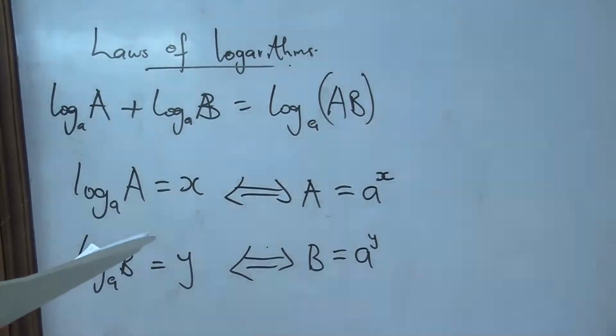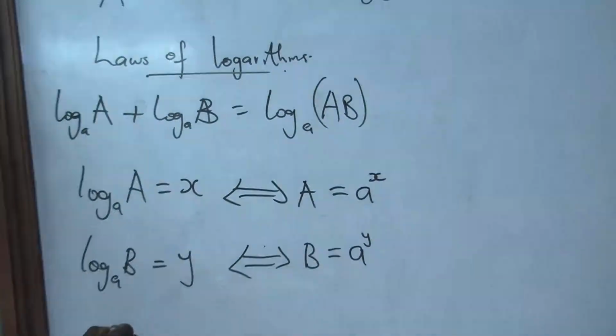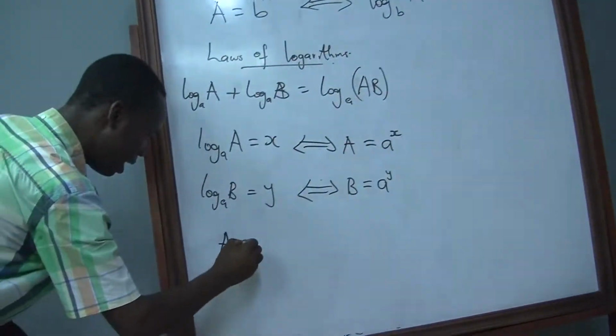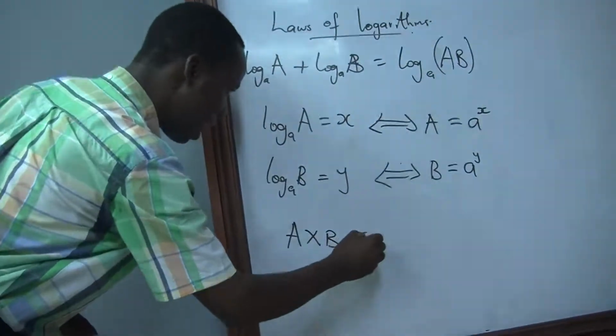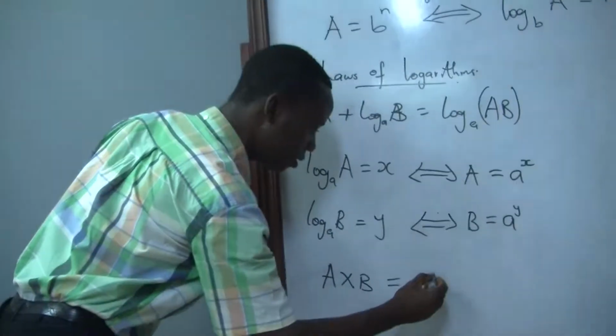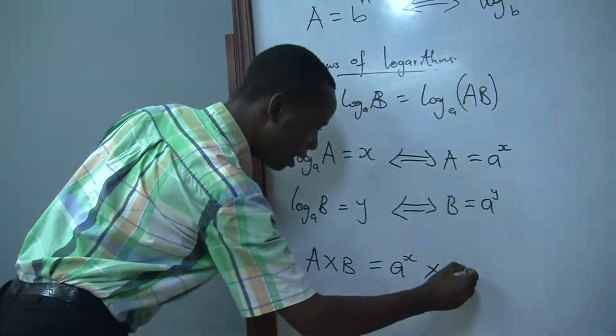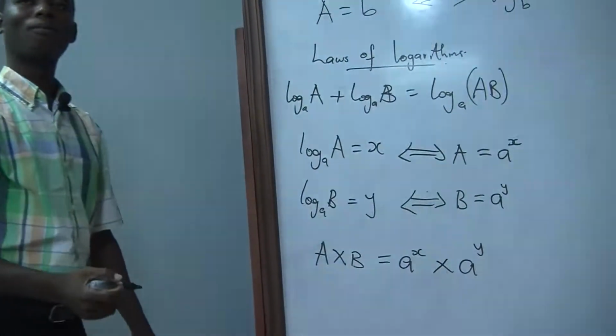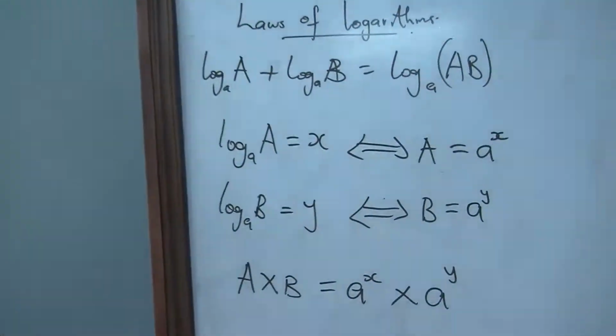Now, with this understanding, if I'm multiplying A and B, A times B, that is like I'm multiplying A raised to the power of X multiplied by A raised to the power of Y. Is that clear? Beautiful.